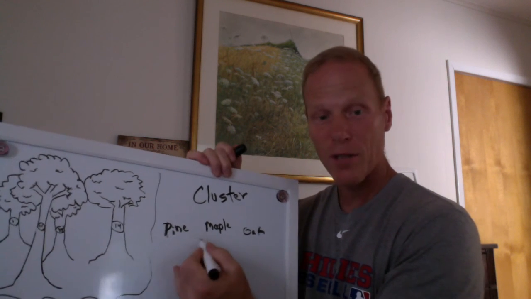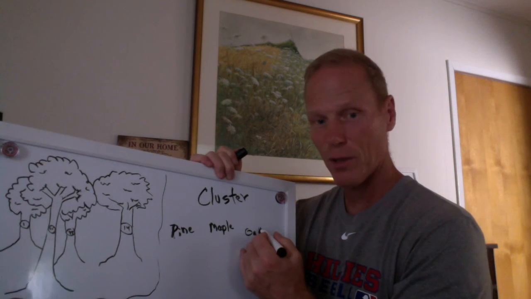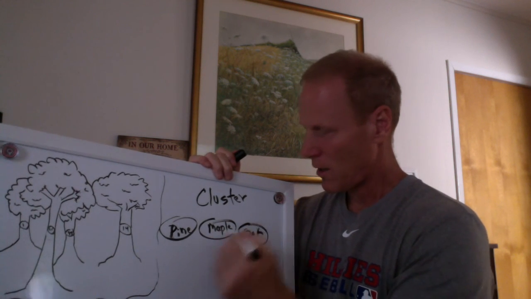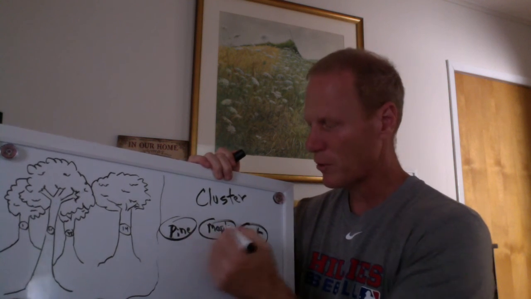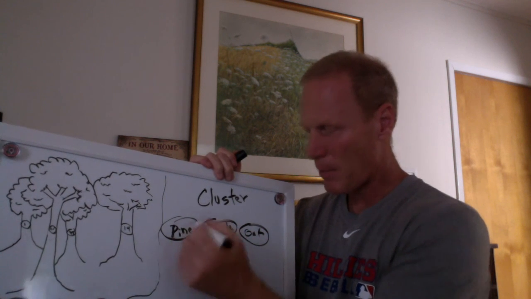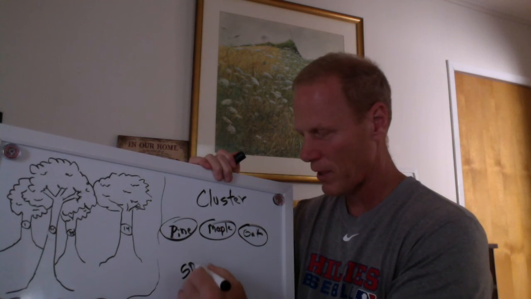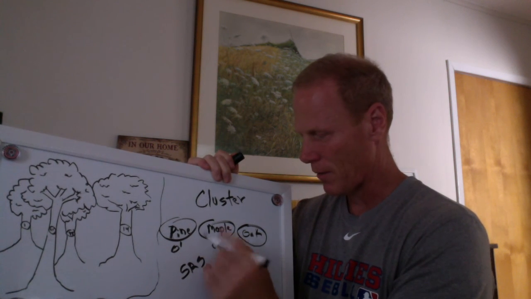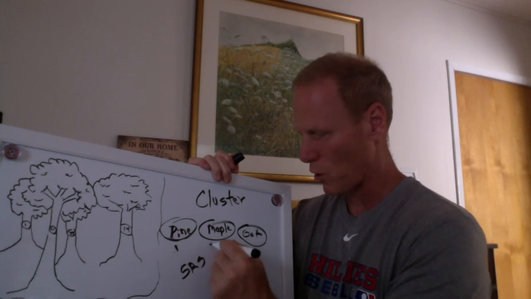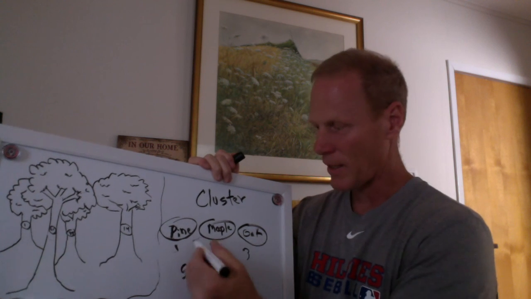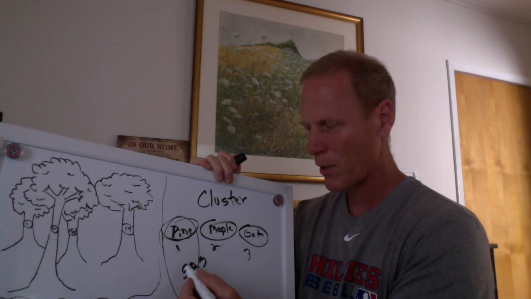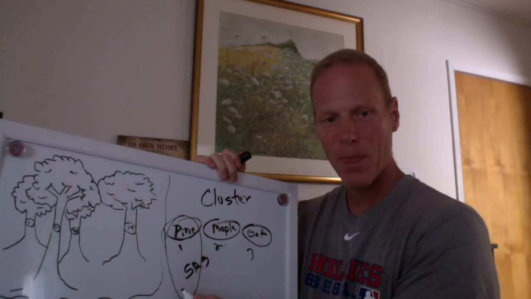I break these down into these 3 groups, so I have 3 sets of trees. Then I do a simple random sample and pick one of these. I number the sets 1, 2, 3, and let's say I pick 1. Then all of the people in this group are the people in my sample.